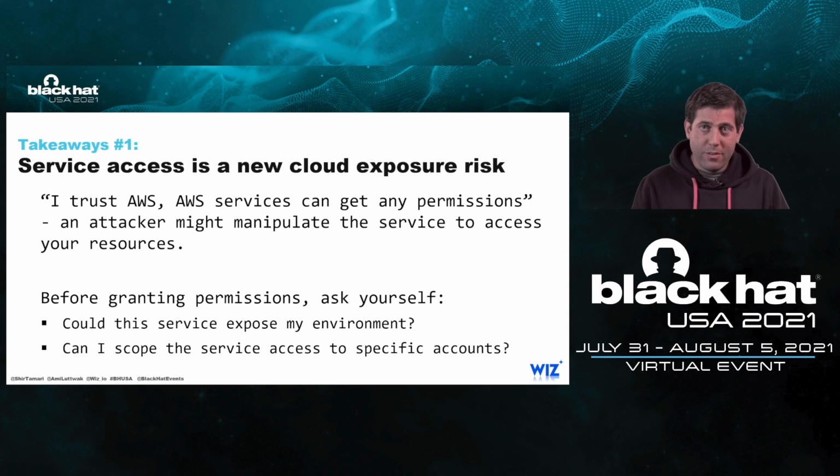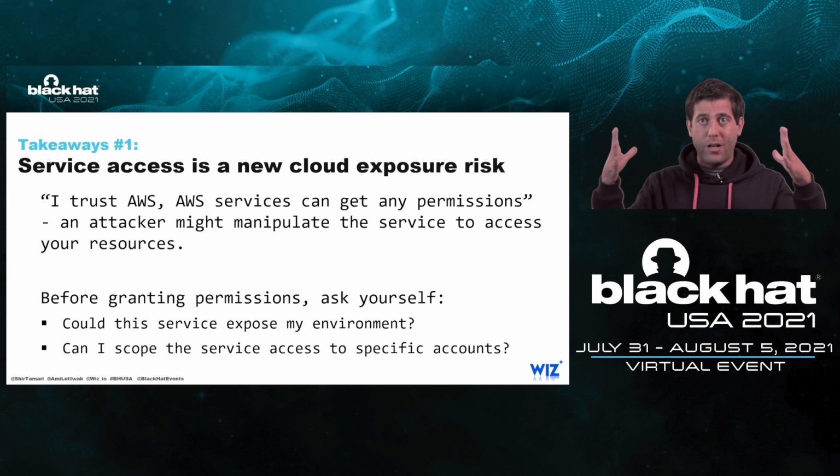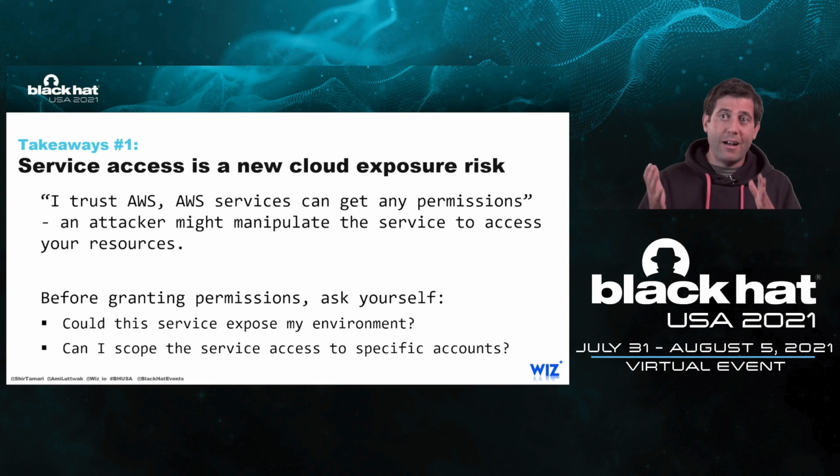But that's not true. If you give access to a service, an attacker, as we saw here, and again, we saw just a few examples, an attacker might be able to manipulate the service in order to access your resources. So the new way to think about service access is that service access is a type of cloud exposure and needs to be handled like cloud exposure.